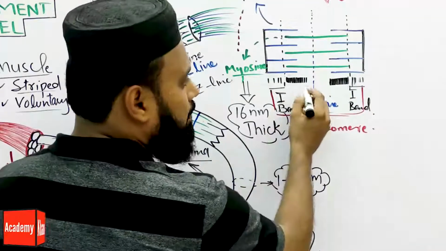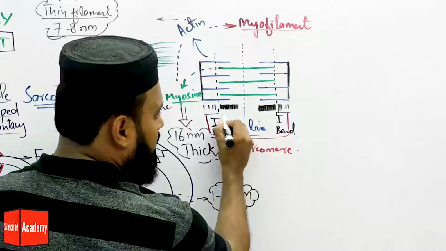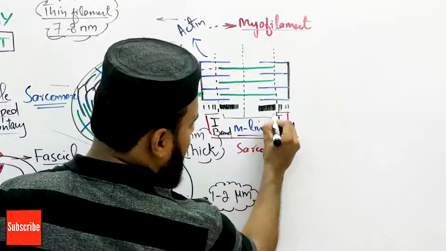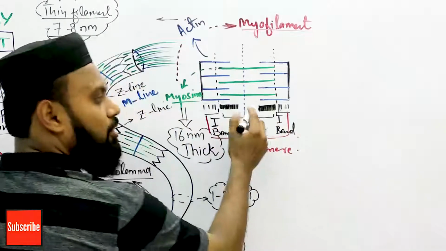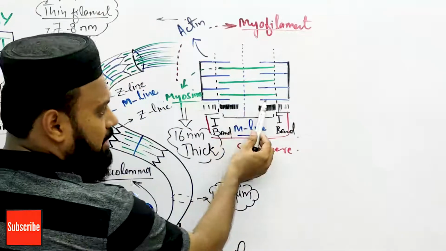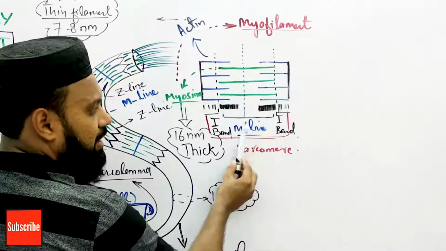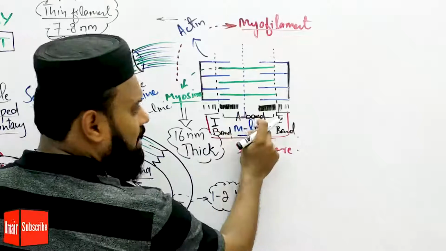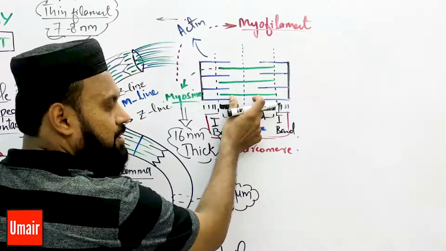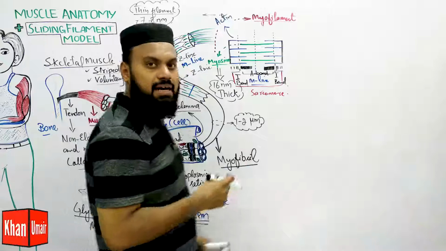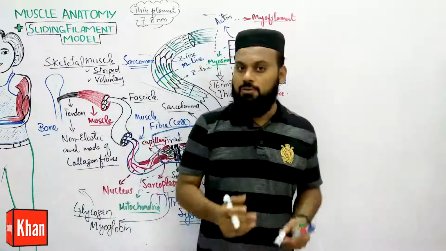The dark part is called A band. In the A band, both the fibers are there, actin and myosin. I band only contains actin, while the A band contains complete myosin, but partly actin fibers are also there.